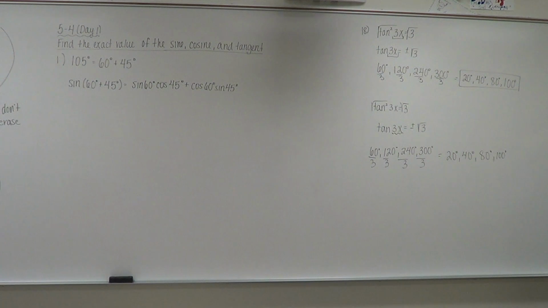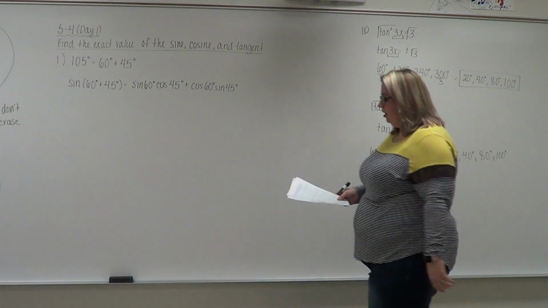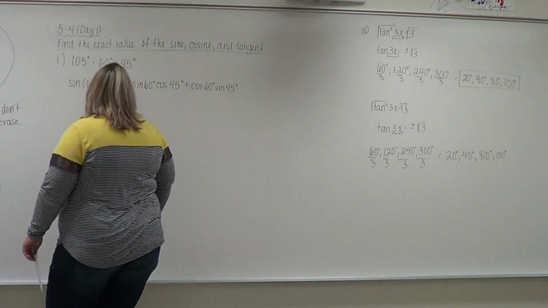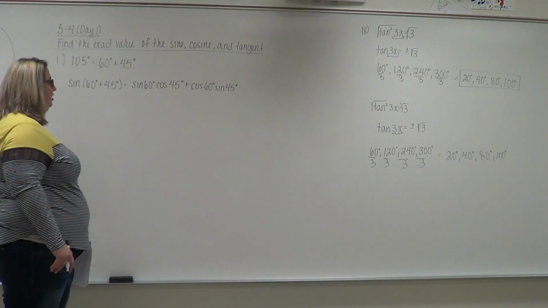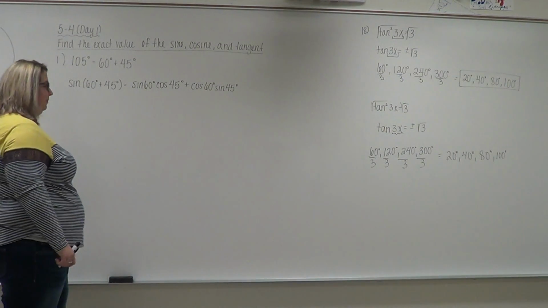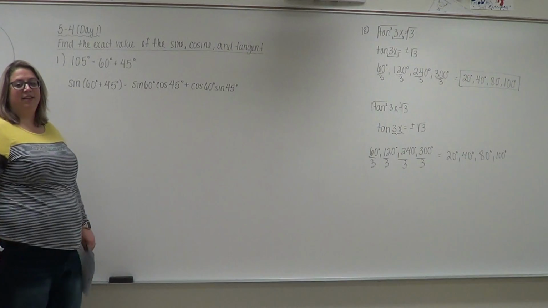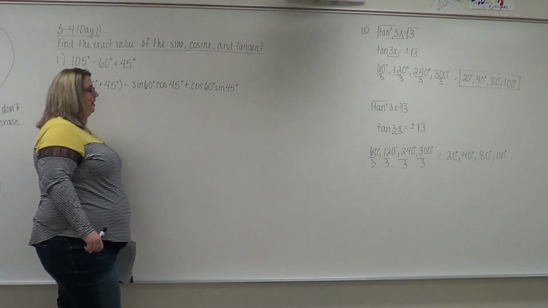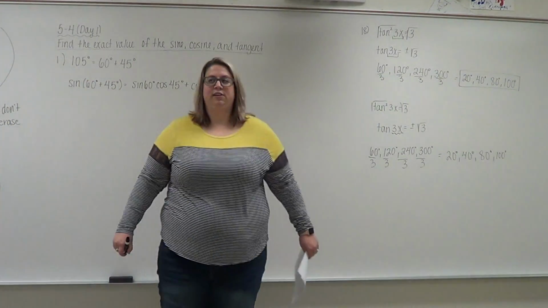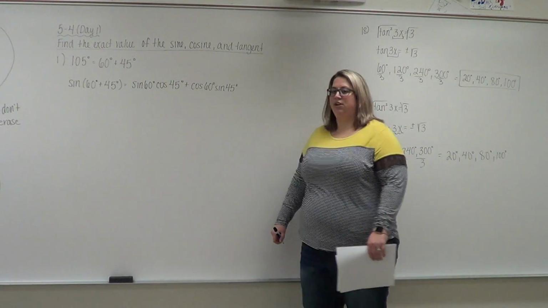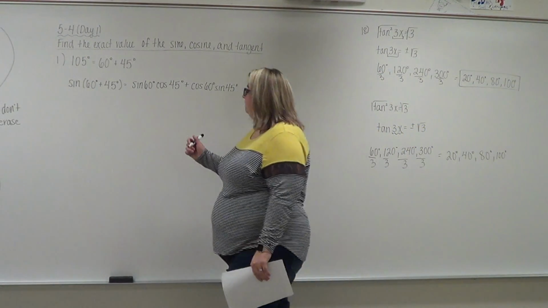Now we actually have to know what those are, so I plug in their values. What is the sine of 60 degrees? Sine's y, right? So what's your y at 60 degrees? Square root of 3 over 2.